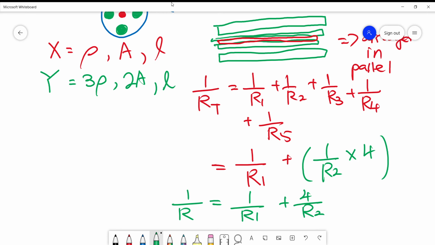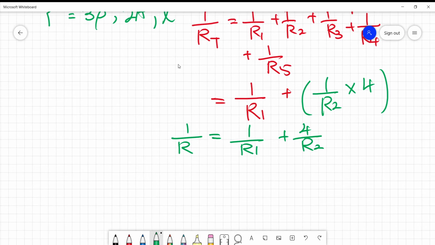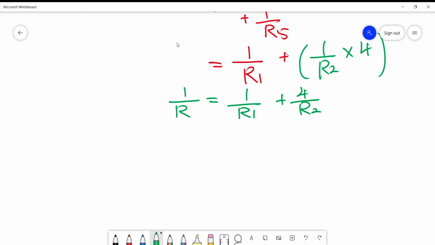Okay, so let me see whether I can drag it down a bit. Since R equals rho L over A, from here I can write it as A over rho L plus 4.